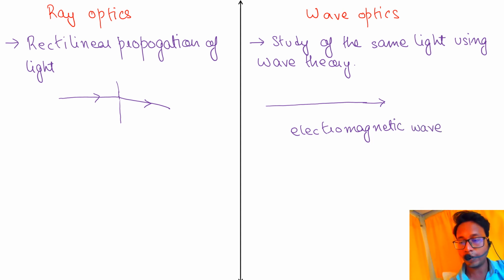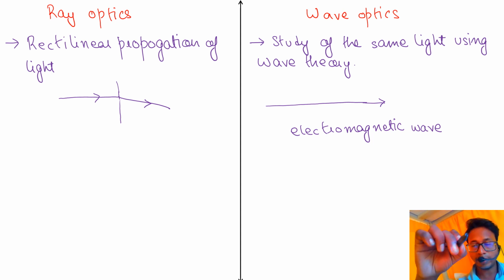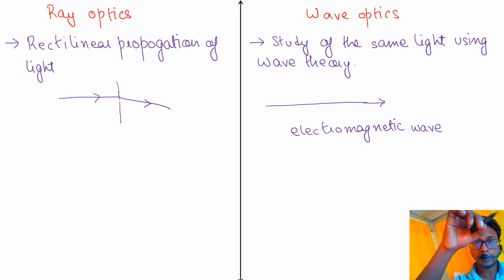What is an electromagnetic wave? An electromagnetic wave is nothing but an electrical wave and a magnetic wave. See, in an electromagnetic wave, the electric wave follows in this direction, and the magnetic wave is perpendicular to the electric wave. The electric wave and magnetic wave are perpendicular to each other.